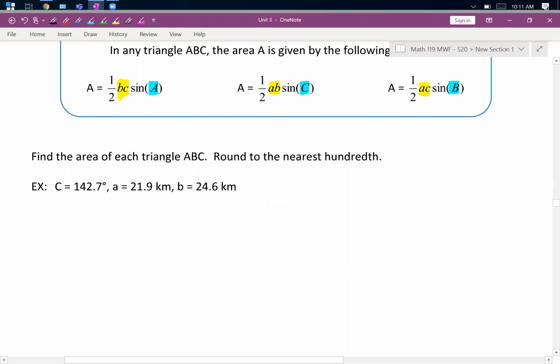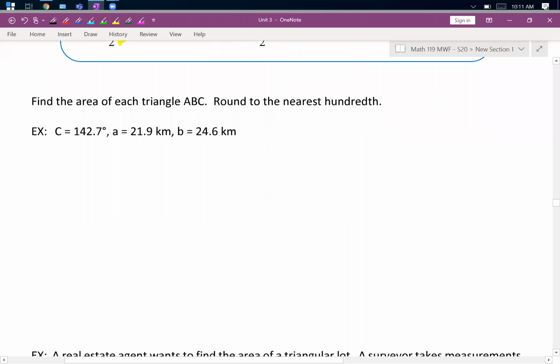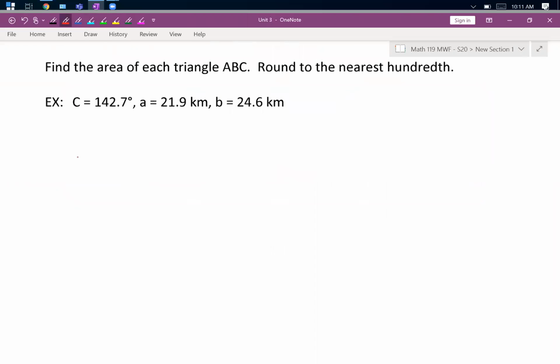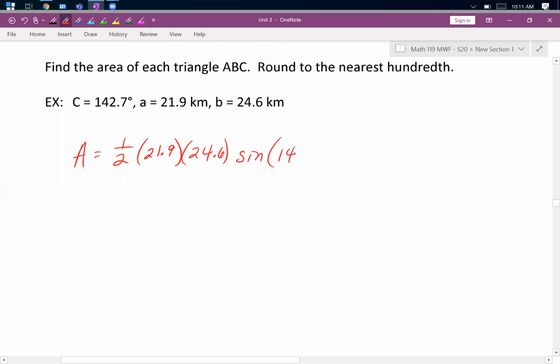Let's find the area of the triangle. We'll round to the nearest hundredth. A equals 1/2 each of the sides times sine of the other angle. And then all we have to do is plug that in our calculator. And we'll round to the nearest hundredth.